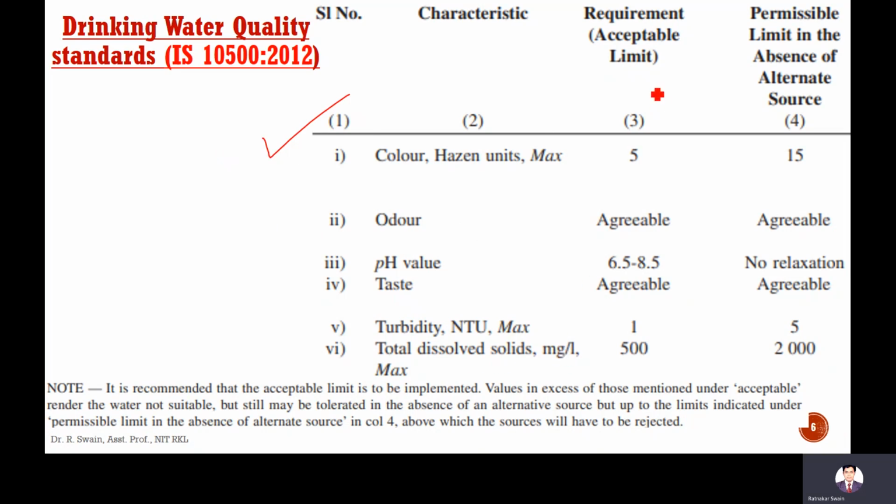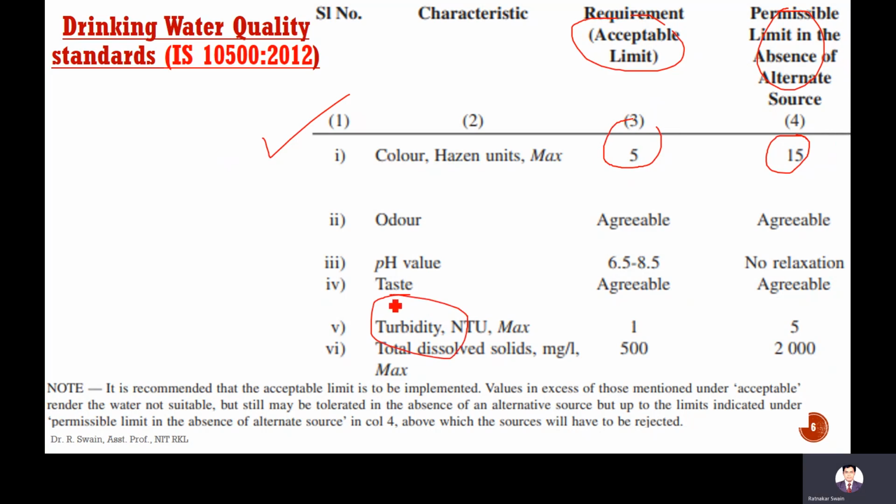There are two limits. One is the requirement, called the acceptable limit. Another is the permissible limit in the absence of an alternate source. If there is no alternate source, then we can relax these values, but above this it is totally not acceptable.